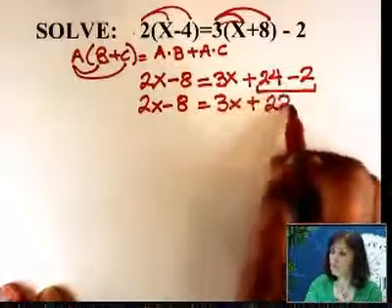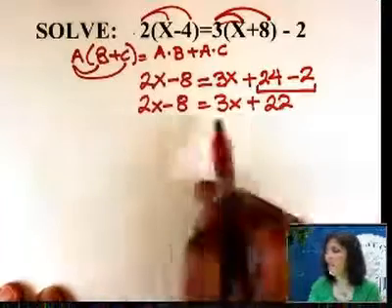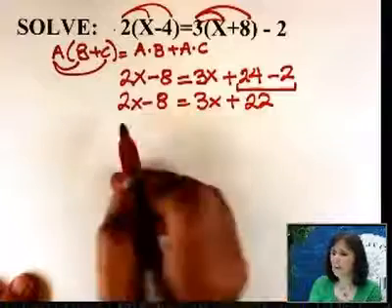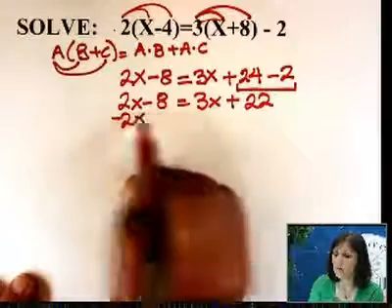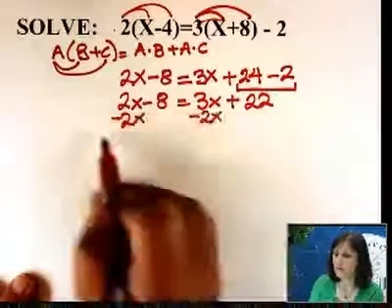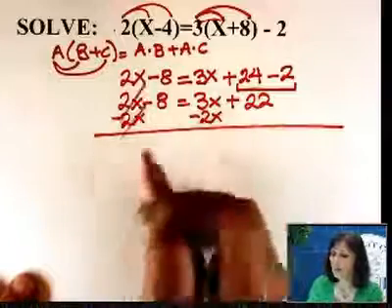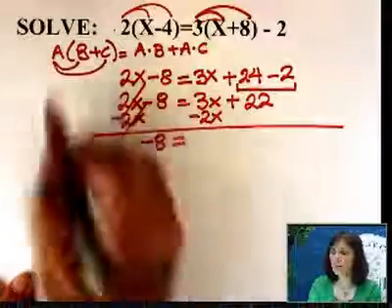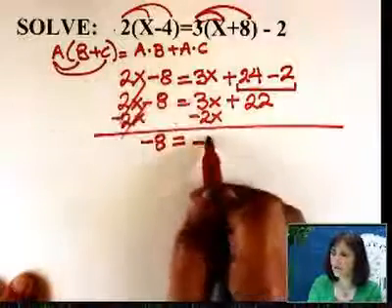That's 22. Now remember I said I usually group the x's on the bigger side. This is bigger than that. So what I'm going to do, I'm going to subtract 2x. That's the first step of the addition property. These two will cancel out. I still have negative 8. 3 minus 2 using the distributive property gives me 1.